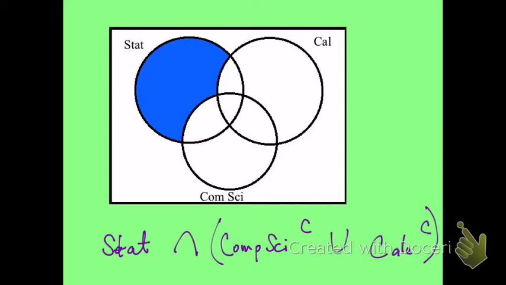So they're not taking computer science or calculus, but they are taking stats. So stats and not computer science or calculus. The parentheses don't have to be there, but I usually put them in.